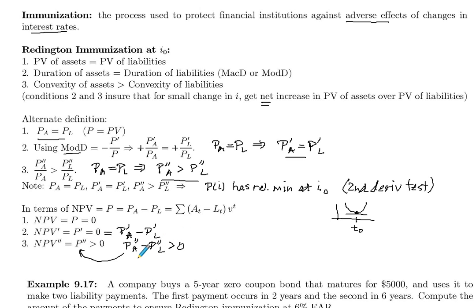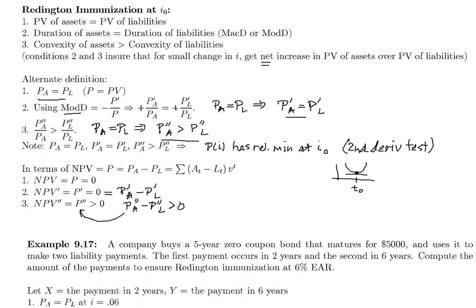Okay, so your second derivative of your function is greater than 0, so it has to be concave up at the point of relative minimum. Okay, so this is really calculus in disguise.